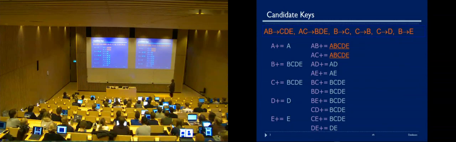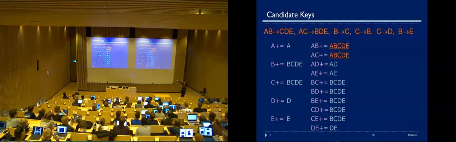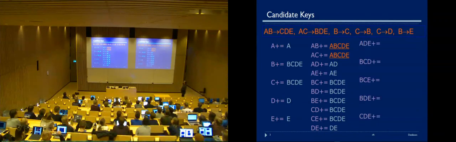But maybe there is some other set of 3 attributes that can be a candidate key. What if you combine some of those other poor guys here that are not candidate keys? Maybe you get something. So we have to try that as well.